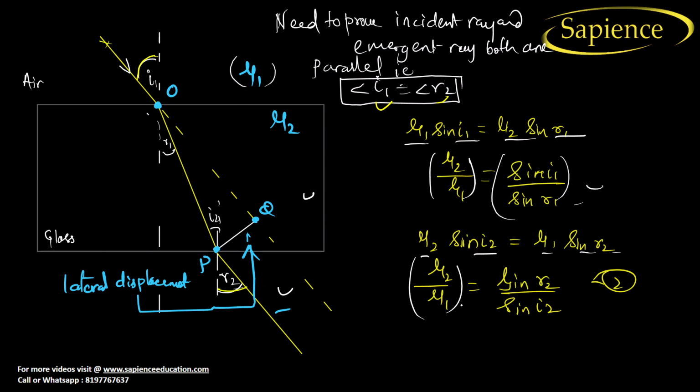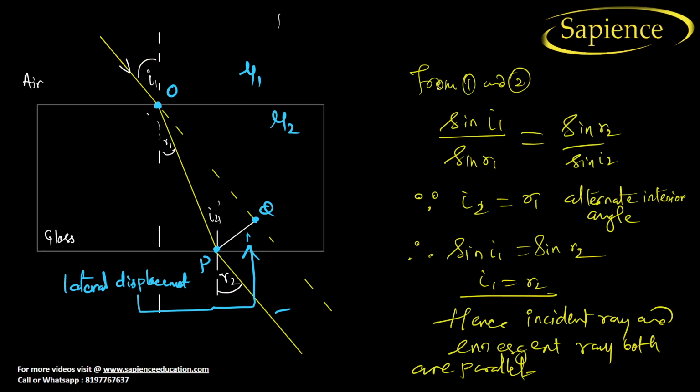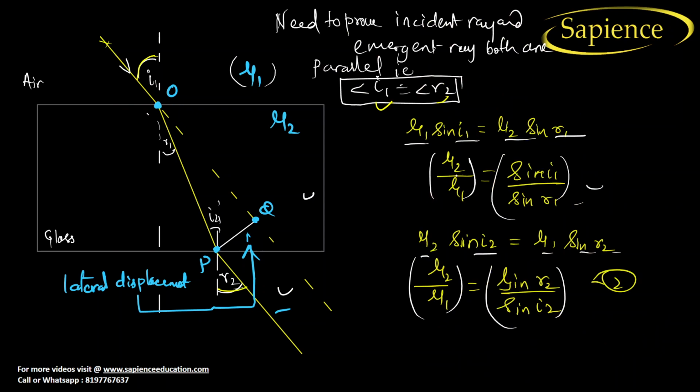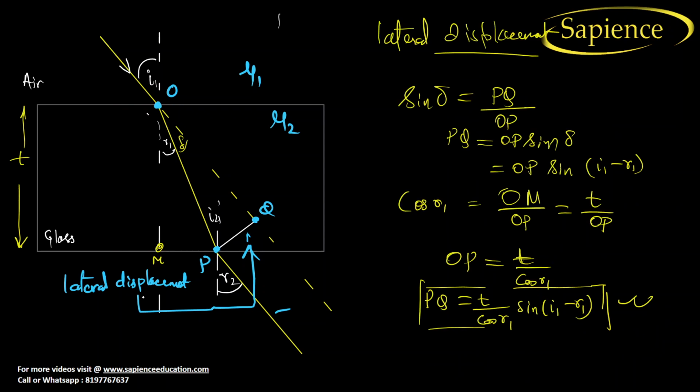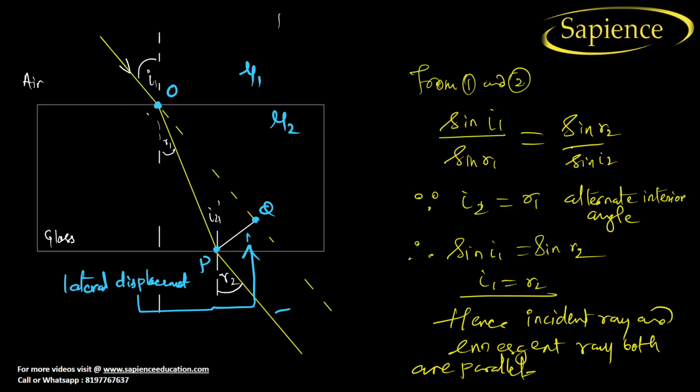From here also, mu2 by mu1 will be equal to sin R2 by sin I2. So this is equation 2. Now from equations 1 and 2, mu2 by mu1 is common, so we can equate both and write directly sin I1 by sin R1 is equal to sin R2 by sin I2.